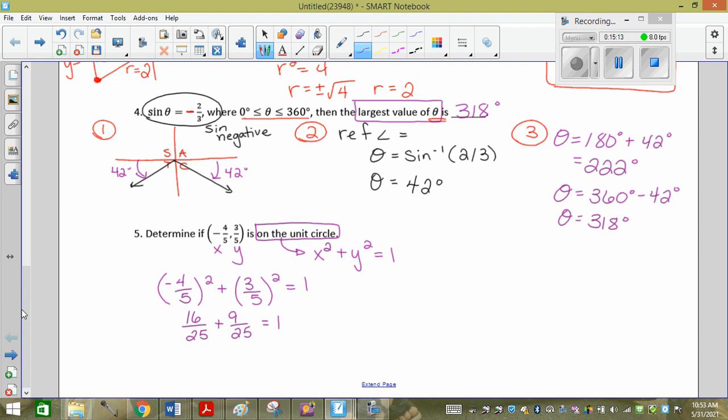When we add fractions, we have common denominators, so this will be over 25, and then 25. So I get 1 equals 1. So I just proved that, yes, this is on the unit circle. So I say negative 4 over 5 and 3 over 5 is on the unit circle.